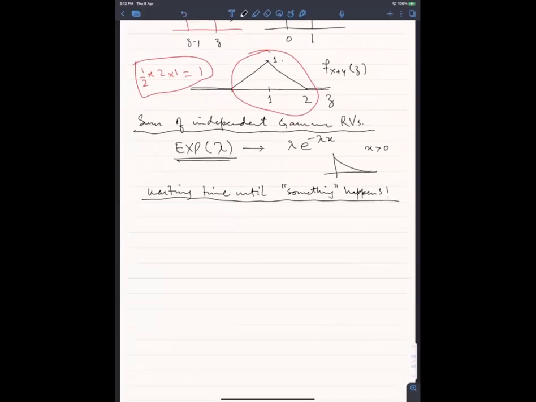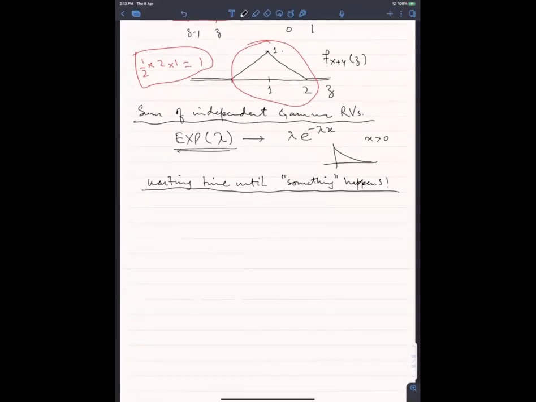By the same token, we have a distribution called the gamma distribution. The exponential distribution had one parameter; the gamma distribution has 2 parameters.